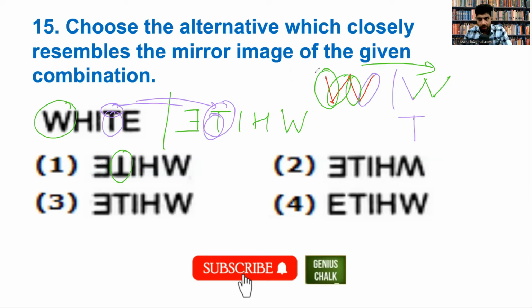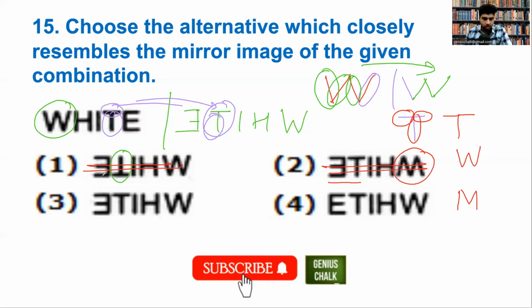This part, if I make it this side, so done. This part this side, and this part here, so this is also the same. But here it is vertically down, so this is cancelled. Okay, E, T, here it's correct, but W, you see W has been inverted like this. So this is not the answer.